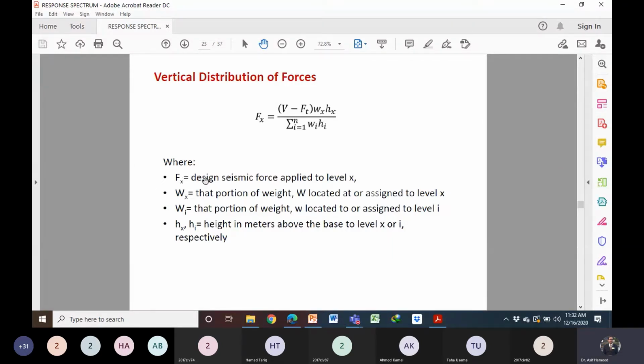So Fx is the design seismic force which is to be applied at the different floors. Wx is the portion of the weight which is to be assigned at the level x. Wi same, it is the weight of the different floors. Hx and Hi are the heights of the different floors from the base.